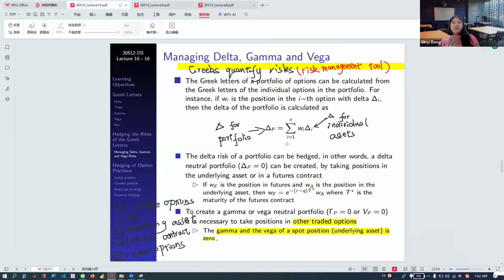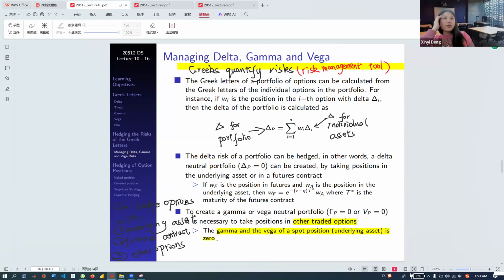Now, let me specifically discuss delta hedging or delta neutrality. To do delta neutrality, we just let delta P equal to 0. We can hedge options with different assets.